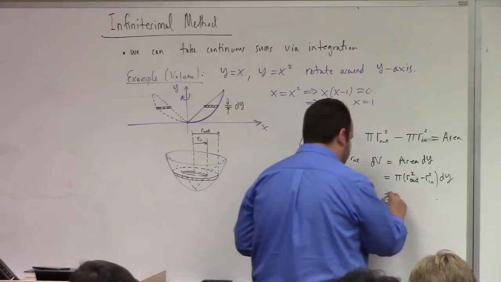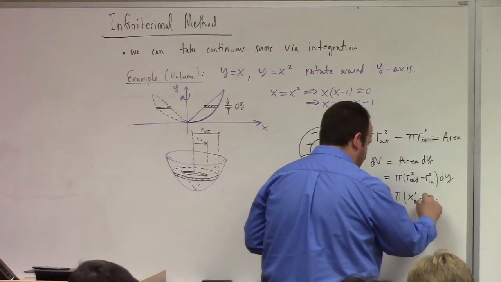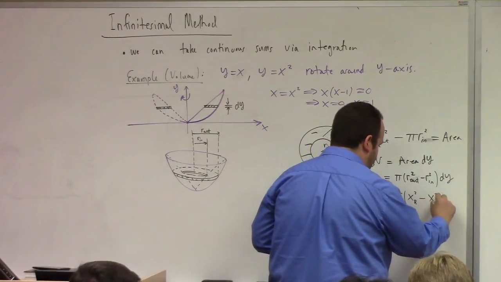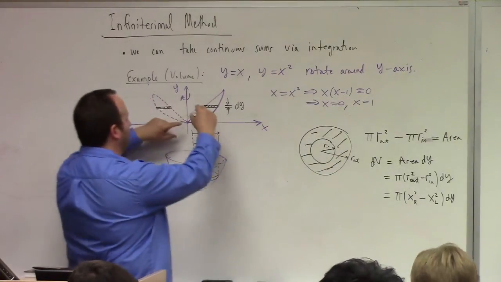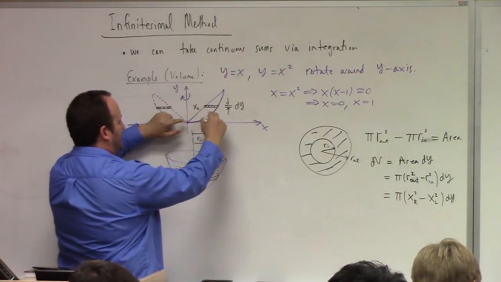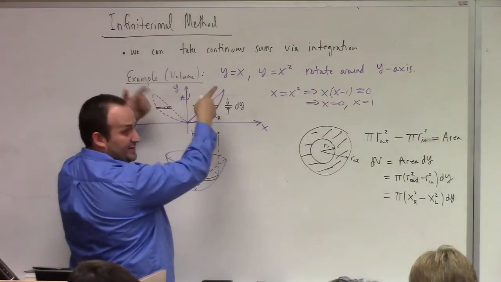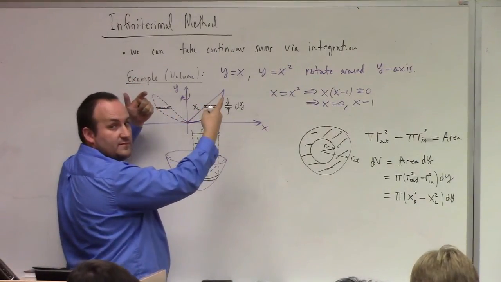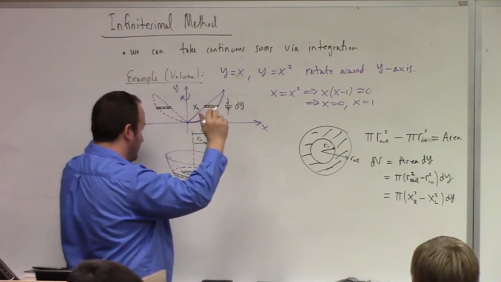More specifically, pi times the right x minus the left x squared. I say that there's a right function, like this is the left x, this is the right x. Does that make sense as terminology? There's one on the right, there's one on the left. Correct?